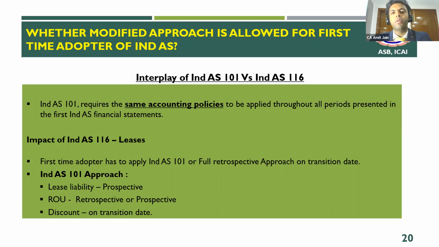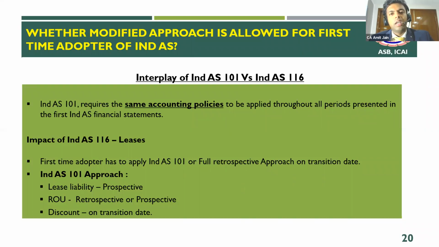So when the first time adopter is preparing 31st March 2020 accounts, accounting policies must be consistent. That is what we have just read 15 minutes ago. So if the first time adopter adopts the modified approach, this will result in an inconsistent accounting policy, right? Because till 31st March 2019, the first time adopter represents that he has adopted IND-AS 17, right?